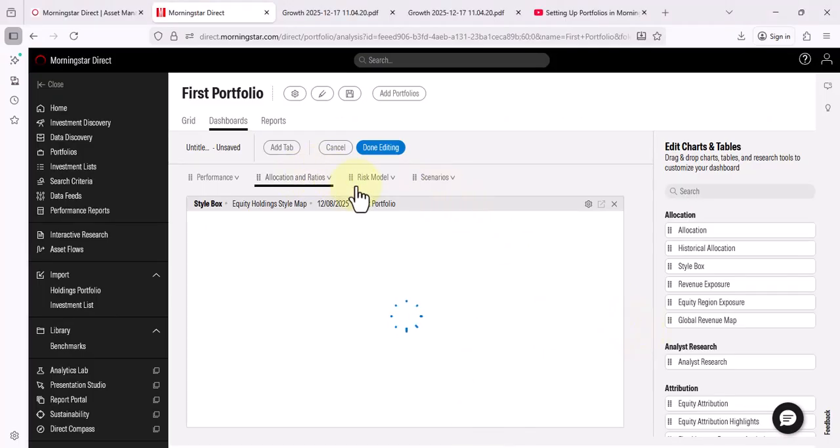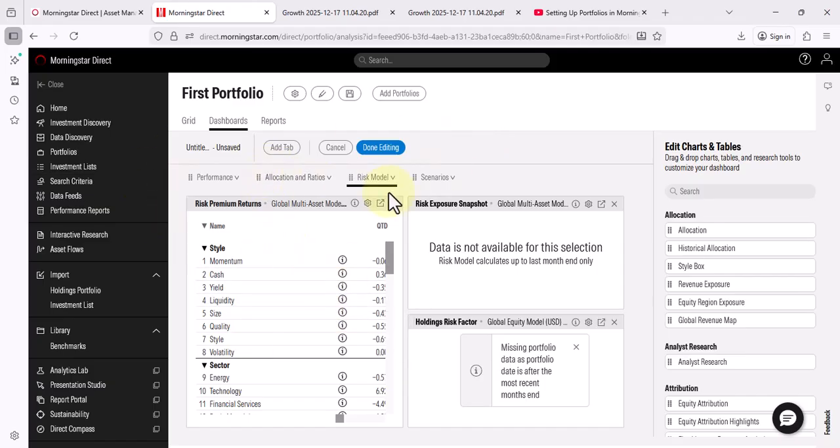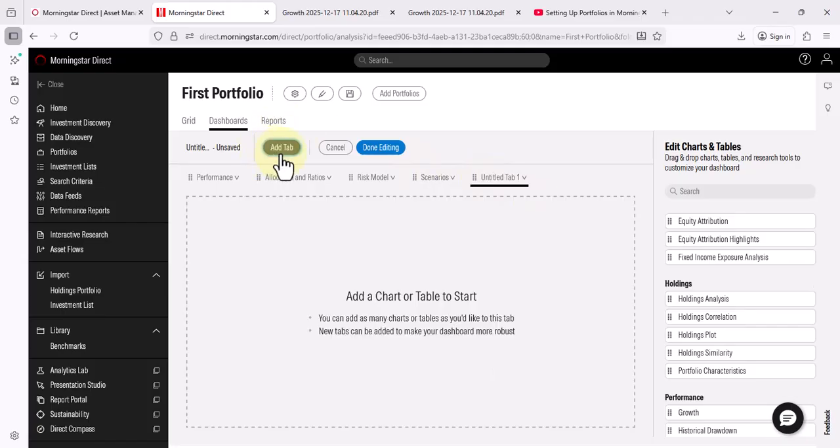So I'm going to go to my risk model. And again, I wanted to pull in the correlation. That is not one of the options, it's not in the default dashboard. I'm going to scroll to holdings. Not one of our options up here, although we can add one if we wanted to. So we can add a tab here if we want.